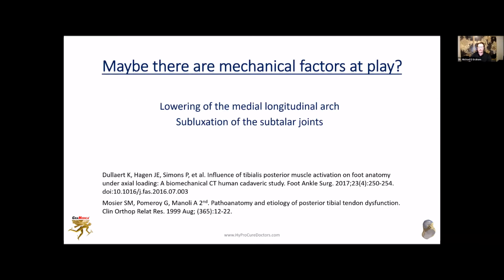So there is 100% proven etiology that lowering of the medial longitudinal arch combined with a partially dislocating talus on the calcaneus, the subluxation of the subtalar joint, leads to posterior tibial tendinopathy. So this is nothing new.